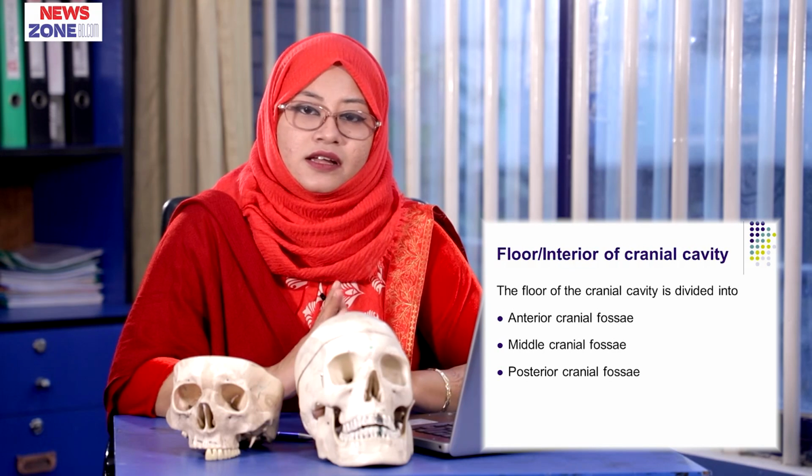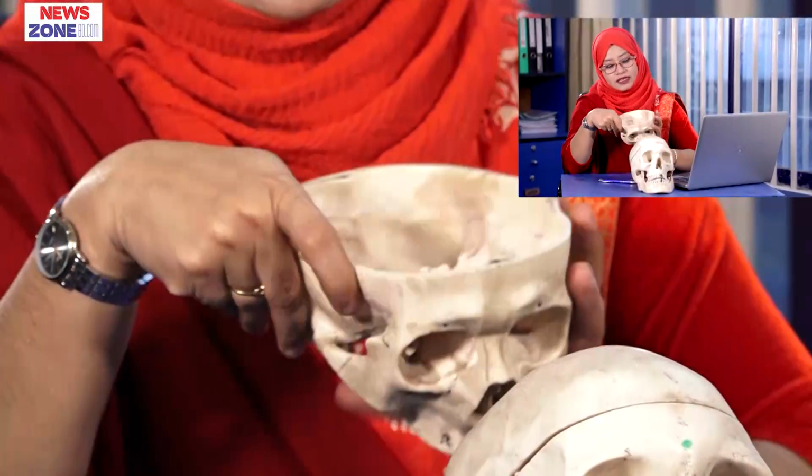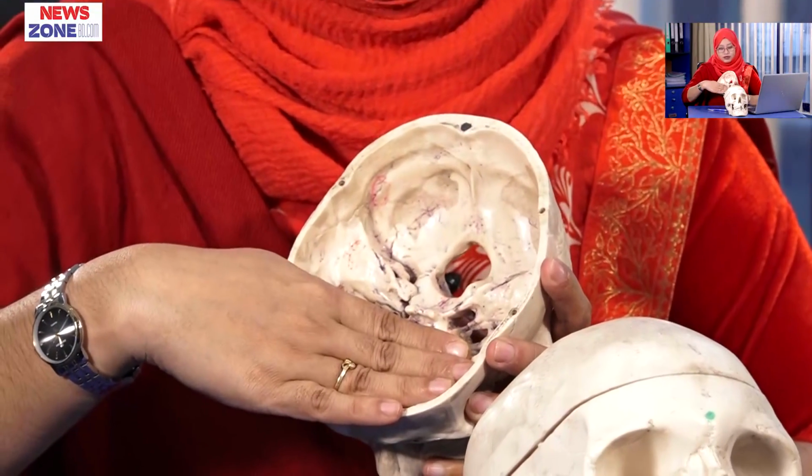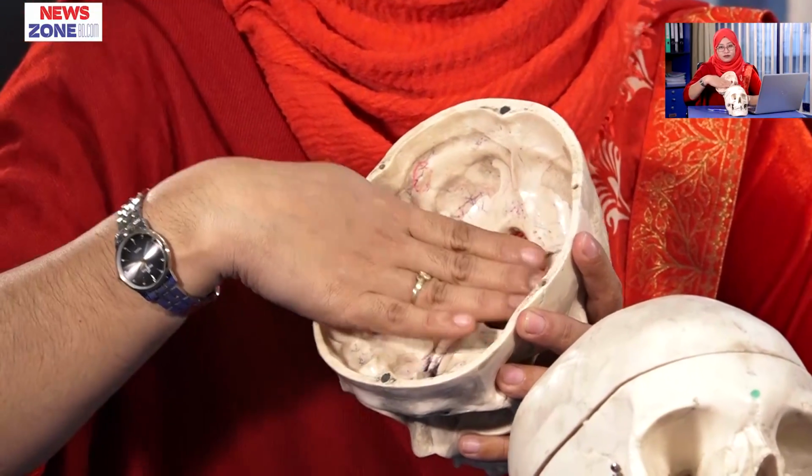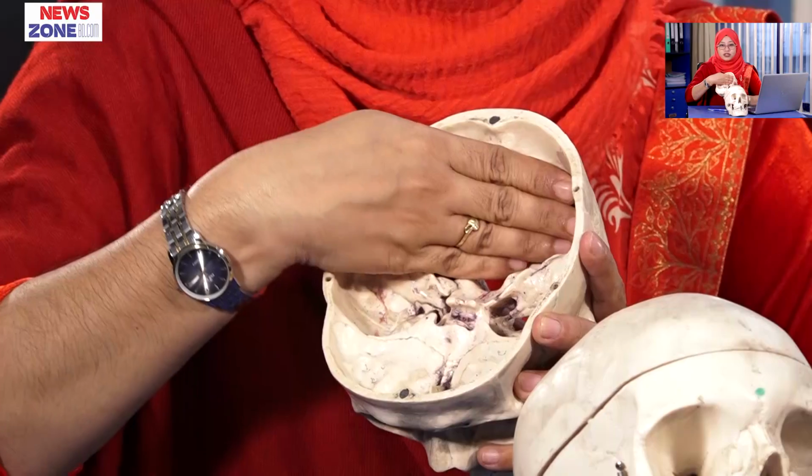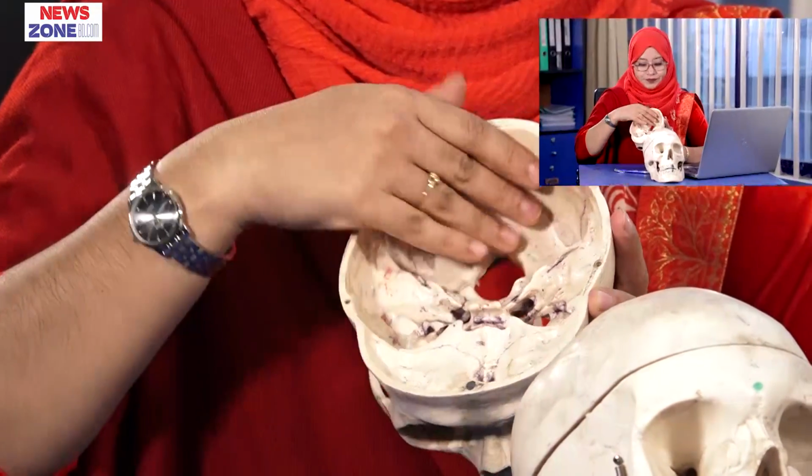Now, the interior of the cranial cavity. The interior of the cranial cavity is divided into three parts. These are known as the anterior cranial fossa, middle cranial fossa and posterior cranial fossa.